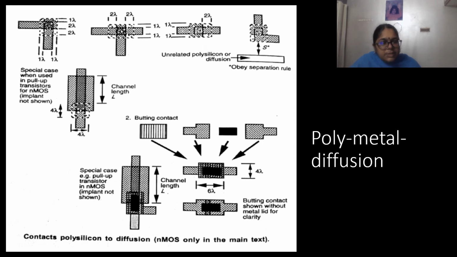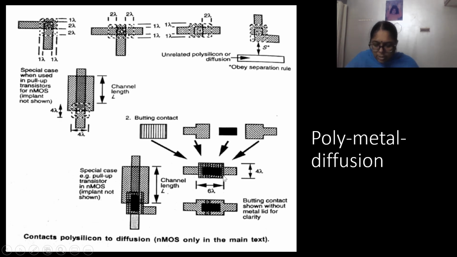Further, for contacts between poly and diffusion using the metal, another method is the butting contact. You can see here how the butting contact is represented using the mask layout. You have metal 1, you have poly, you have n diffusion, and all the layers are connected together.